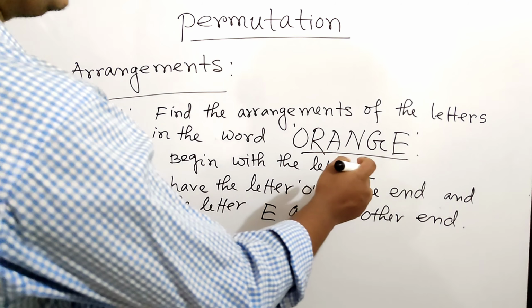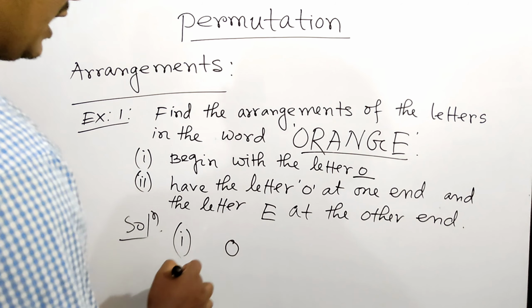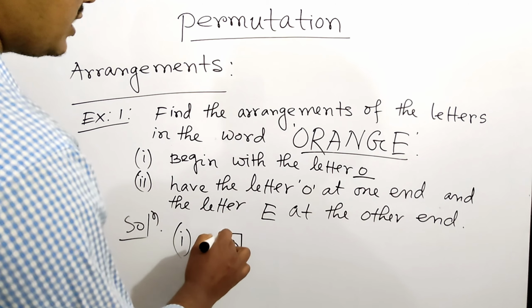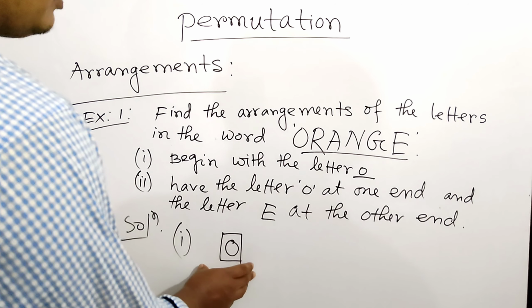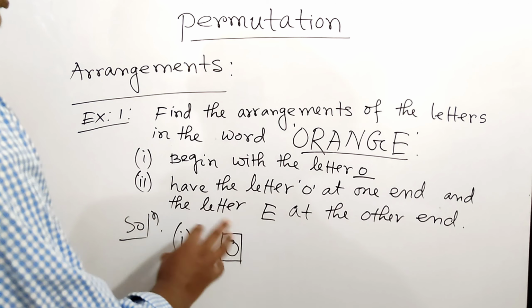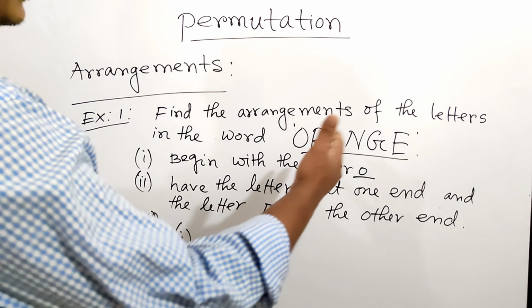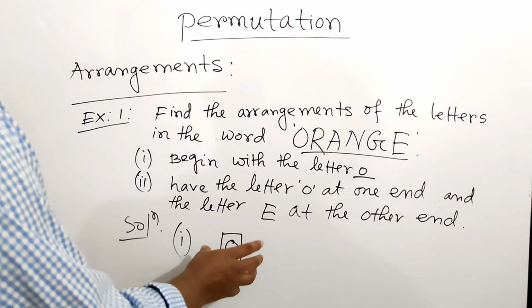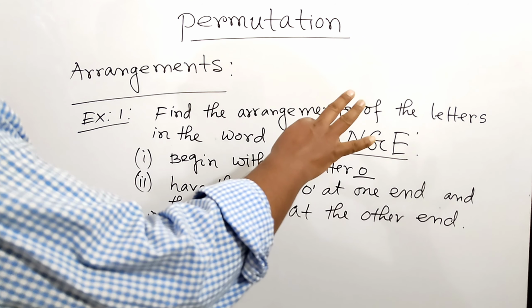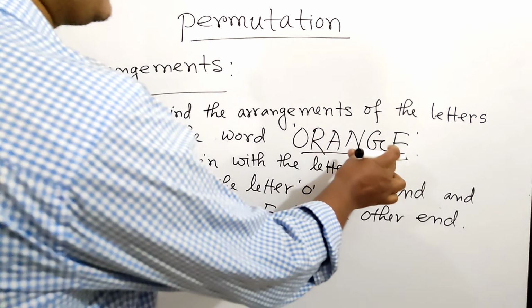Begin with the letter O. That means when we do the arrangement, we always start with the letter O. That means we just keep the letter O at the first. Okay, that means we don't need to use O for the arrangement of the letters. So if you keep the letter O at the first, then how many letters are remaining? There are 5 letters remaining.